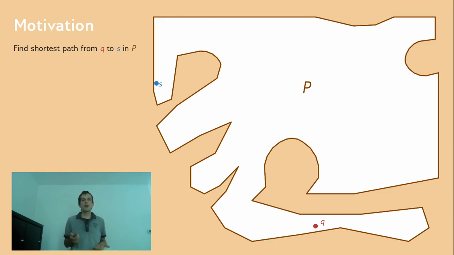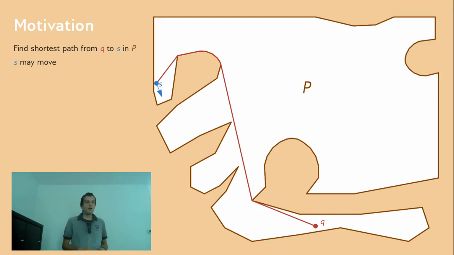Clearly you cannot walk through walls, and so that means that you have to find a path that stays within the polygon, and preferably you would want a short path. But now imagine that this point S, this site that you want to reach, is actually a person or a robot, then this point might be moving as well.